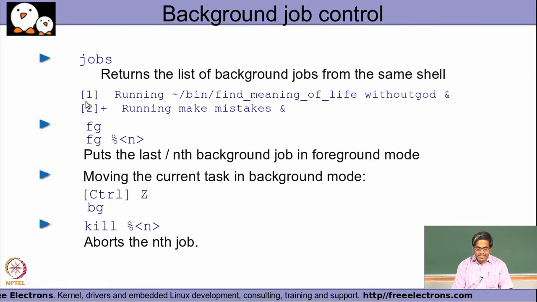So, if I want to bring this second command out as the foreground process, I say fg %2. If I do not give the percent sign, it tries to put the last command that was given in the background into the foreground. Now, after the task has run sufficiently in the foreground and I want to shift it back into the background, I press Control Z. Control Z is a temporary suspend key that we give in the shell to the currently running process, after which I can type the command bg.